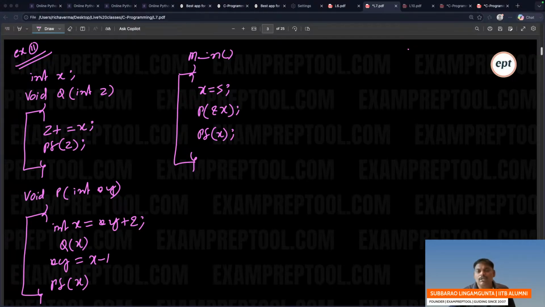What is the output of this C program? Go ahead, everyone try. If there is any little doubt, I will clarify. Trying is the thing humans can do.